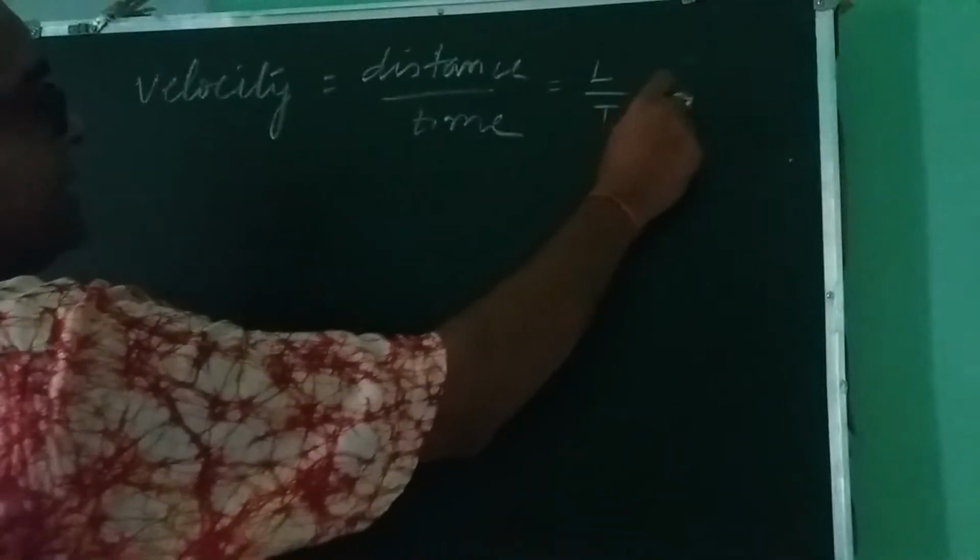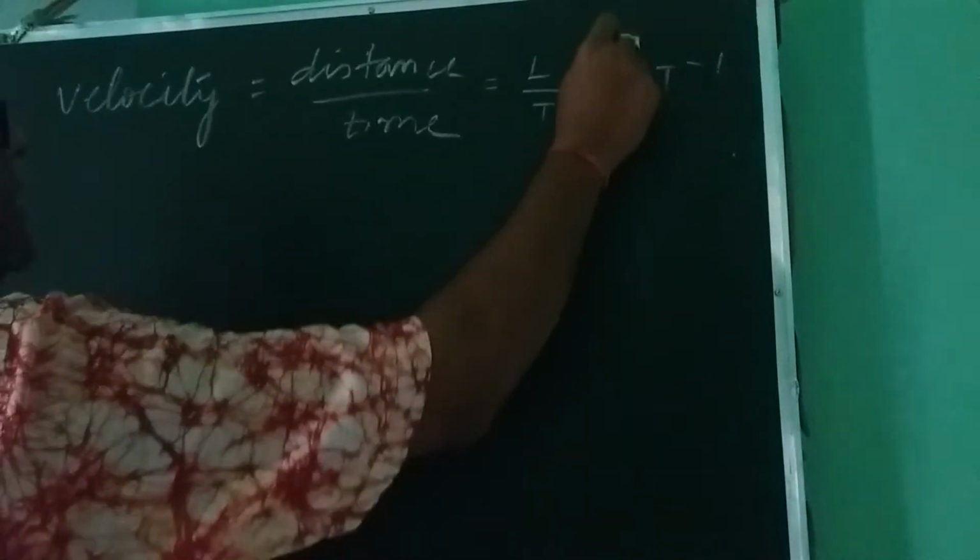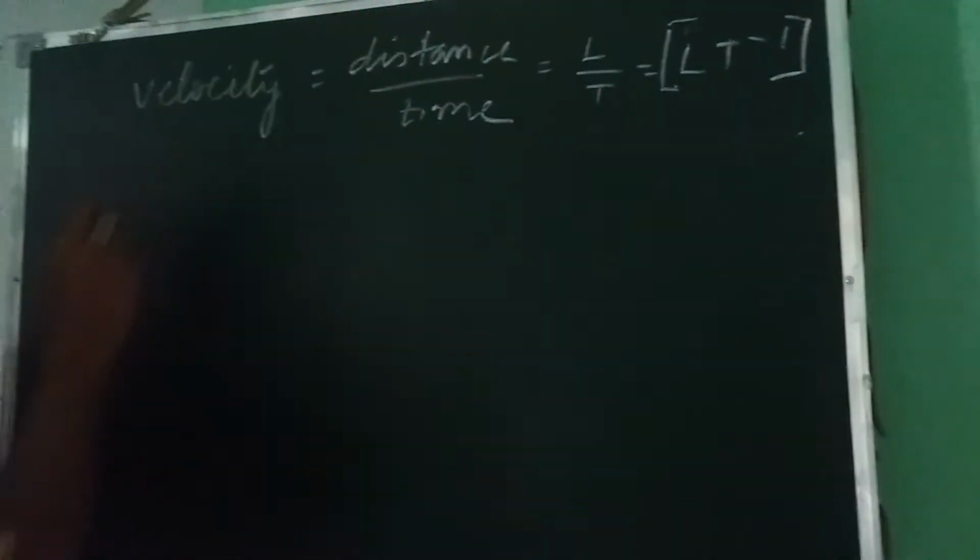Now dimension of velocity. Velocity is equal to distance by time. So the dimension will be L by T, that is L T to the power minus 1. That is the dimension of the velocity.